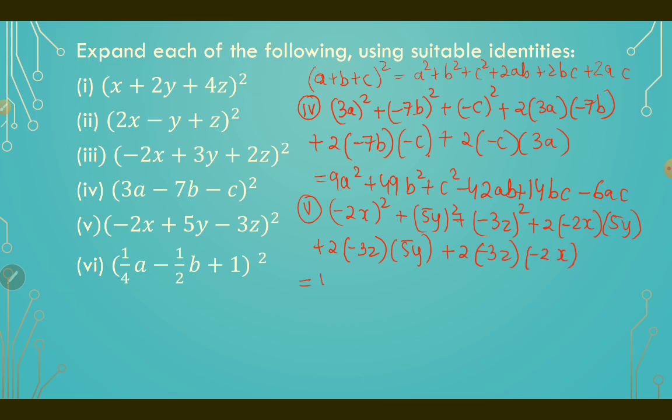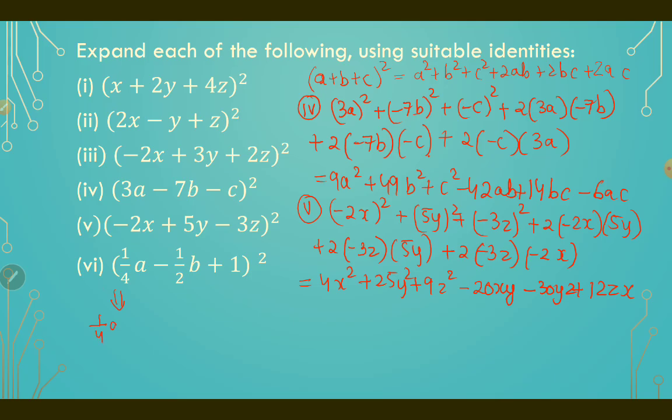That's nothing but 4x square plus 25y square plus 9z square minus 20xy minus 30yz plus 12zx.